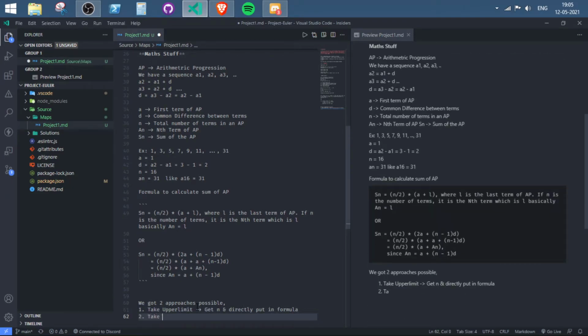And two is again taking the upper limit, getting n, and putting it in the formula.